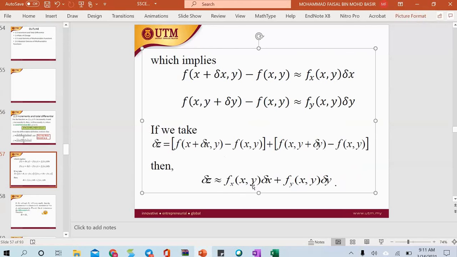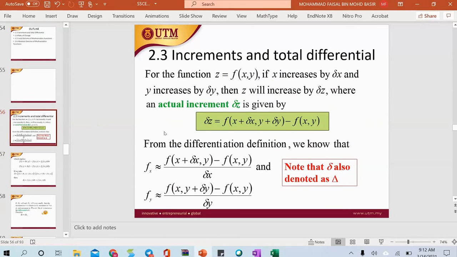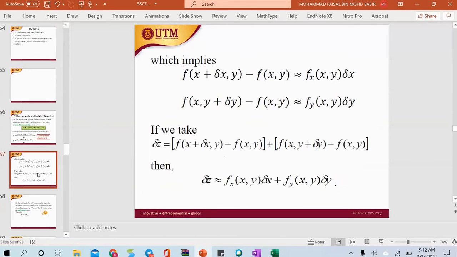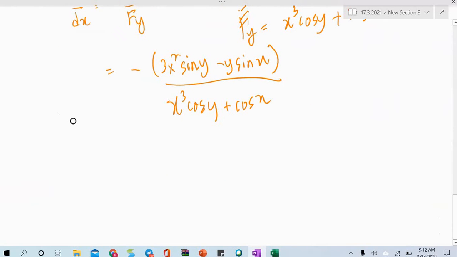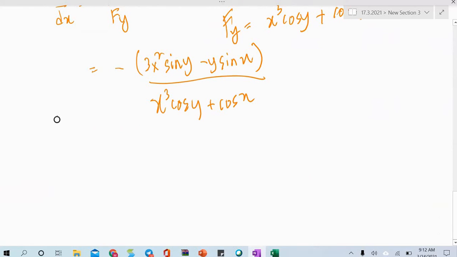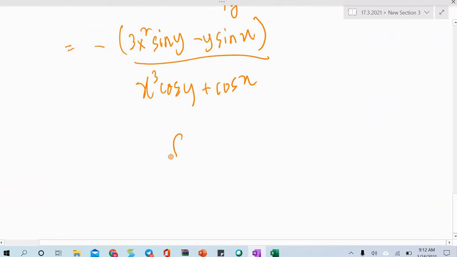You don't need to know the derivation because you're in the engineering section. You just have to know that delta z equals fx delta x plus fy delta y, plus the extra terms.